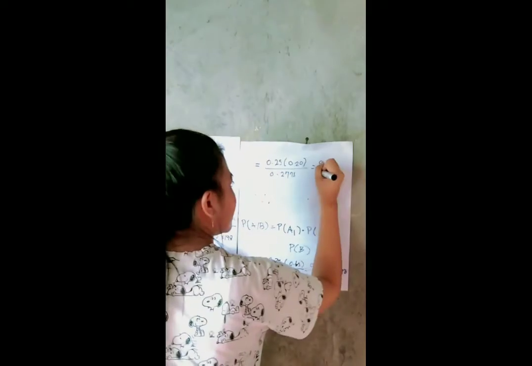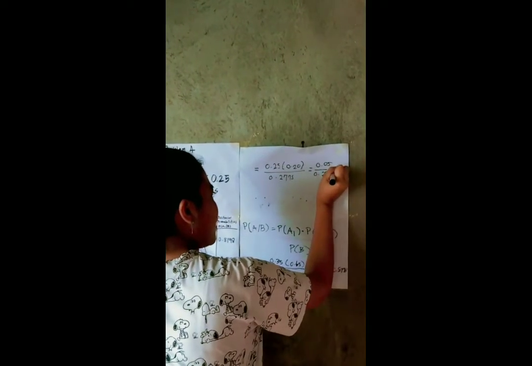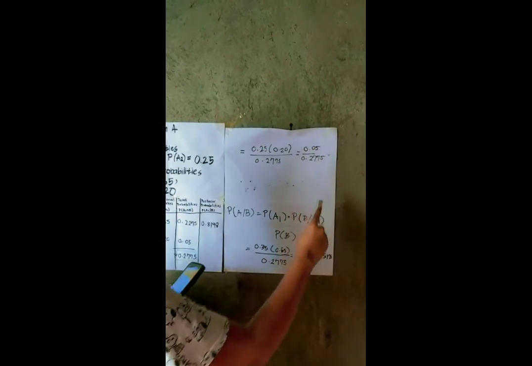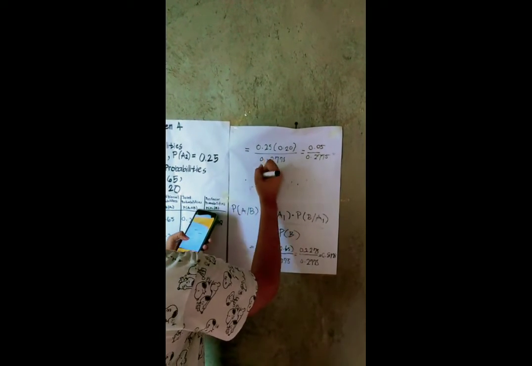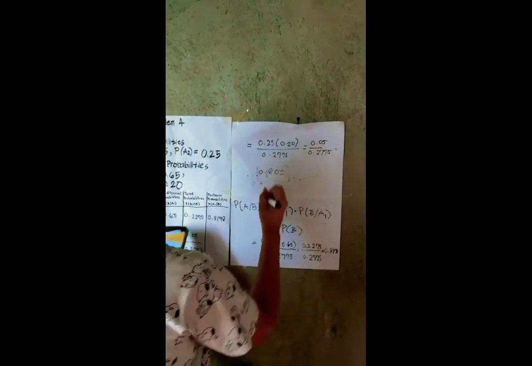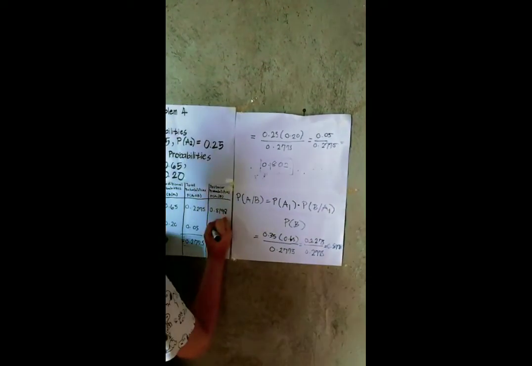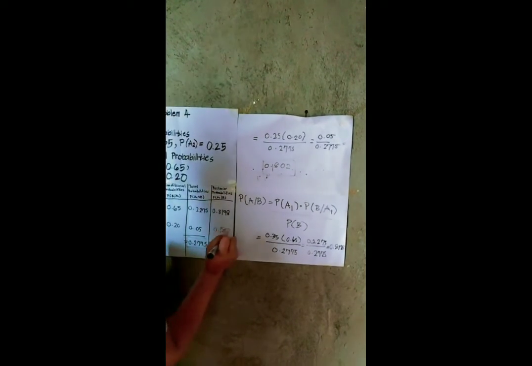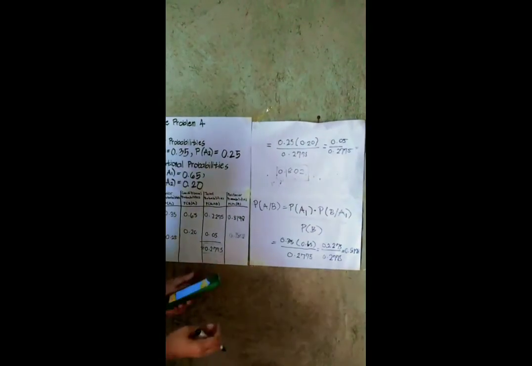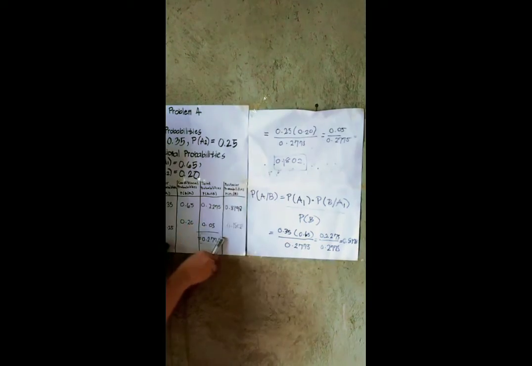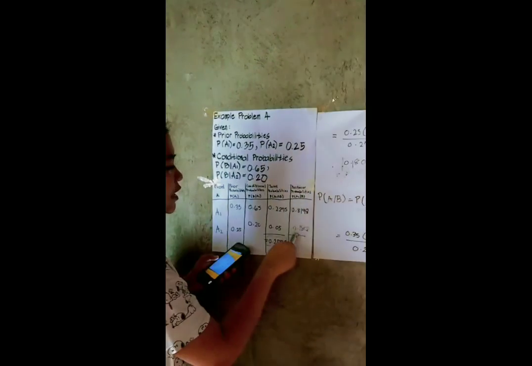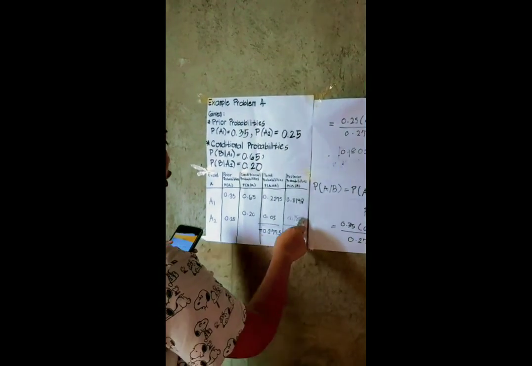Then copy 0.2775, and 0.05 divided by 0.2775 is 0.1802. For A sub 2, copy it to the posterior probabilities, 0.1802. Then the posterior probabilities, we need to add them to get the correct answer, which must equal 1. 0.8198 plus 0.1802 is 1.